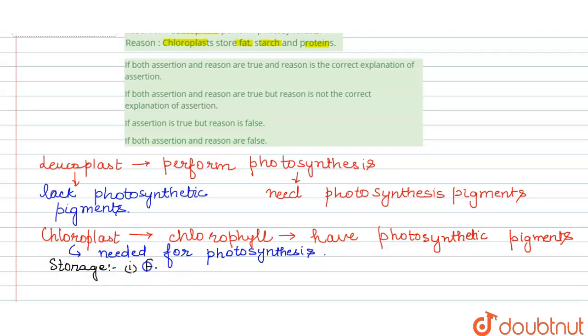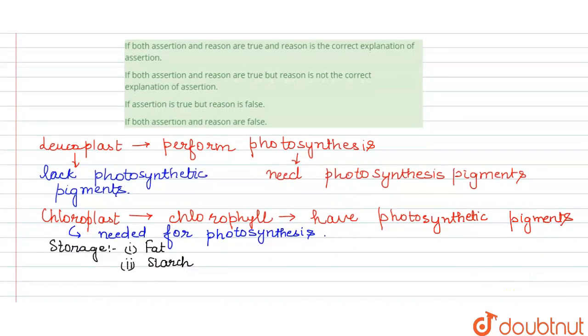First is fat, second is starch, and third is proteins. The fat is stored in the elaioplast cells.